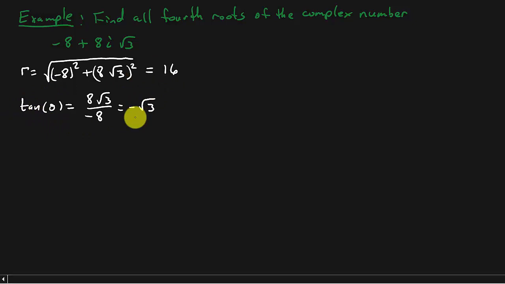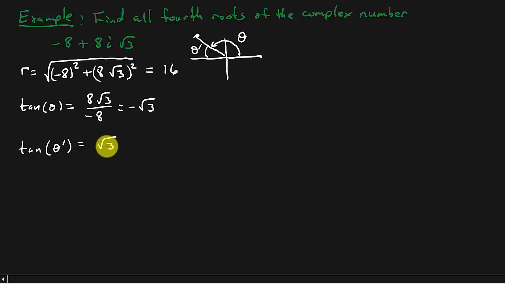Once again, tangent theta is equal to a negative number. I need to go ahead and plot this. Remember how to plot it: a, b. a is negative, b is positive, so I'm in the second quadrant. There's theta, so I need my reference angle.